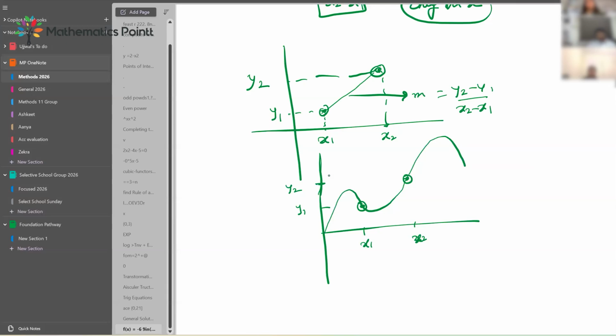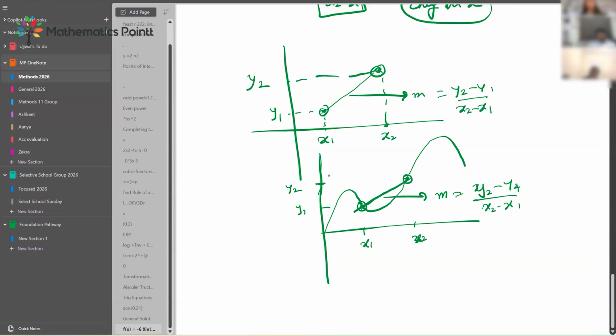And I ask you, give me the rate of change between the 2 points. All right, that's fine. Join the dots. You still join the dots and you find the slope of this line again: y2 minus y1 over x2 minus x1. Easy peasy. Awesome. So far, so good.